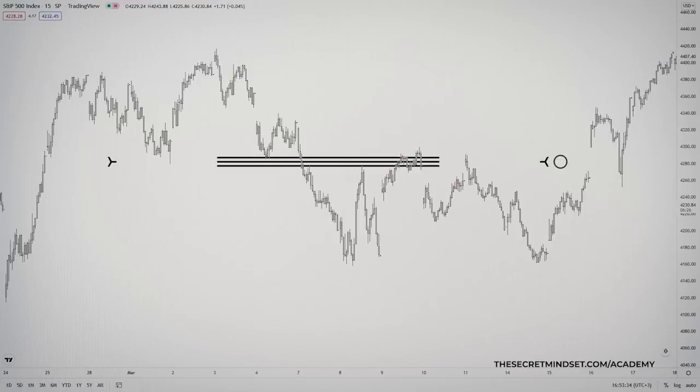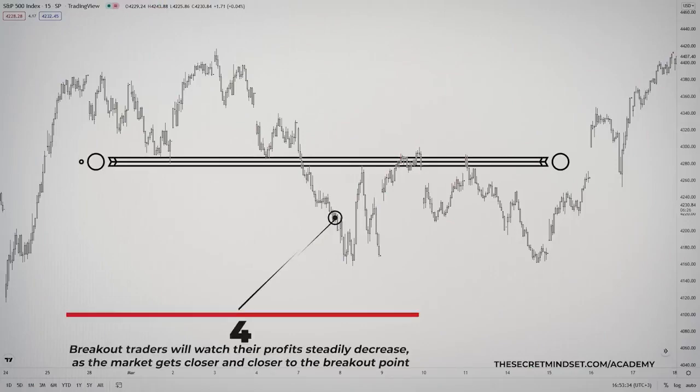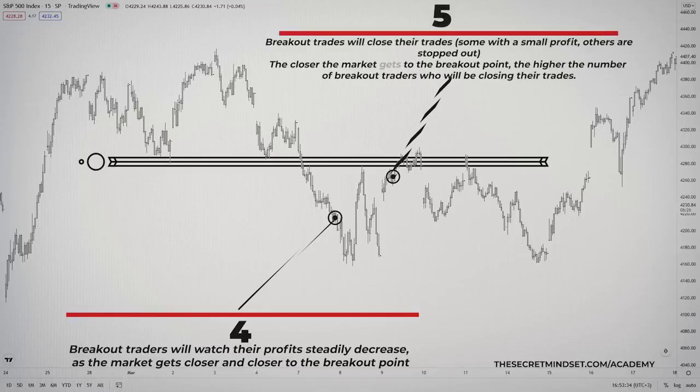If you are the breakout trader, you will watch your profits steadily decrease as the market gets closer and closer to the breakout point, where you had your trade placed. So seeing your profit get smaller and smaller, you will most likely get scared of potentially coming out of the trade with no profit at all. So you will close your trade while there is still a small amount of profit left.